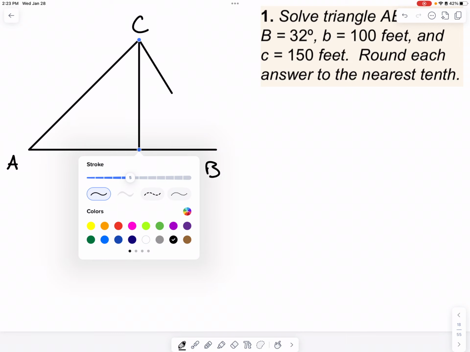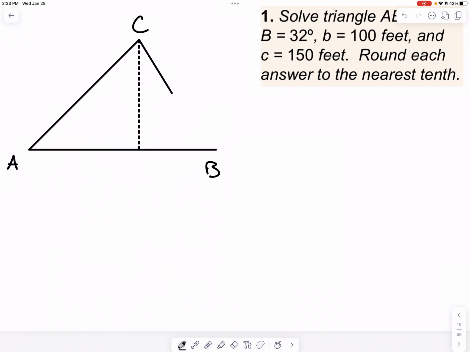So we need to find our H and our side A. This is our side B. Our side C is going to be down here; we're going to come back to that one. This is a 90-degree angle there.